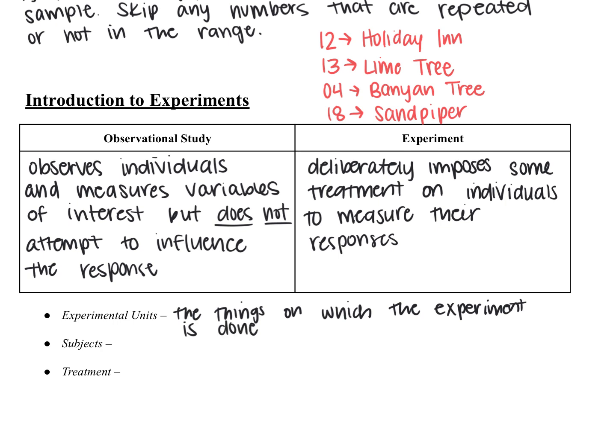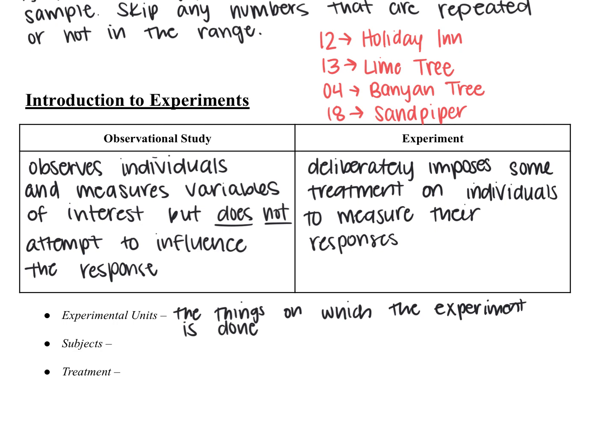So experimental units do not have to be people. They could be animals. They could be inanimate objects, especially if you're looking to do an experiment on a computer or food or crops or something like that.